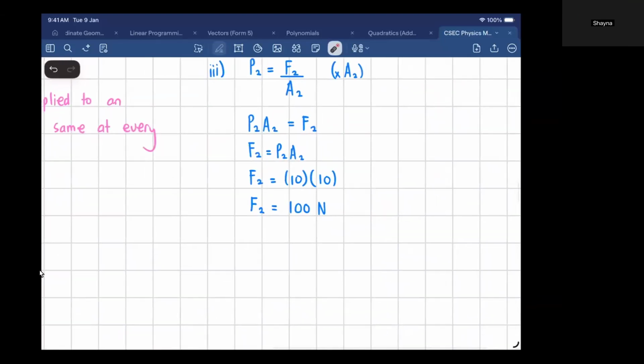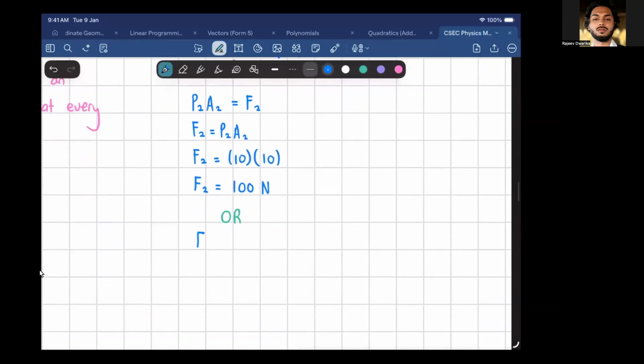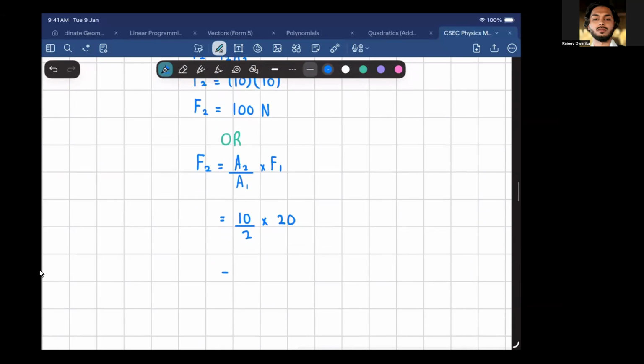So another way to work this one out would have been to say F2 is just equal to A2 all over A1 multiplied by F1. That would have been 10 all over 2 by 20. That would have been 100 newtons.